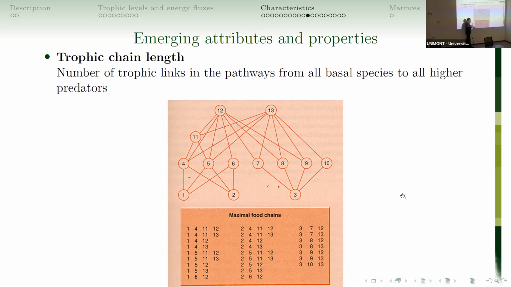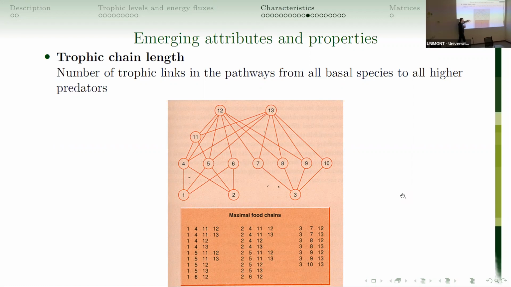And this is what we have here. 1, 4, 11, 12, 1, 4, 11, 13, and so on. These are all the possibilities that the energy has to go from the basal species to the culminal species.